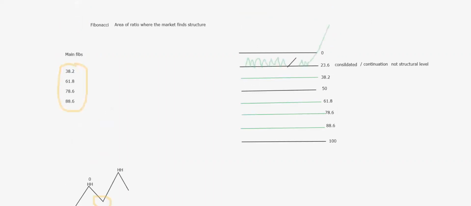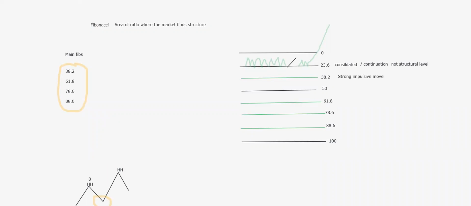Okay. When price lands on 38.2, you're going to see a strong impulsive move. What does that look like?